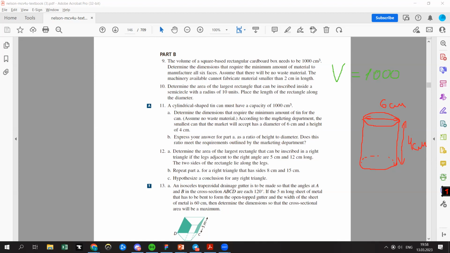They mentioned the minimum amount of tin for the can. So basically, how can we express the amount of material that is used for this tin? How would you express it?